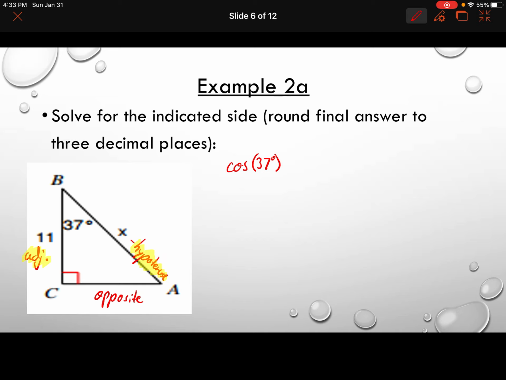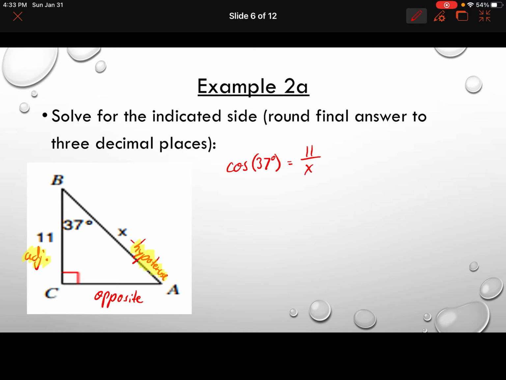So we said that cosine is adjacent over hypotenuse. Adjacent is 11, hypotenuse is x. So we just set up an equation: cosine of 37 degrees is equal to 11 over x. Now we need to solve for x. We need to get x by itself, okay?